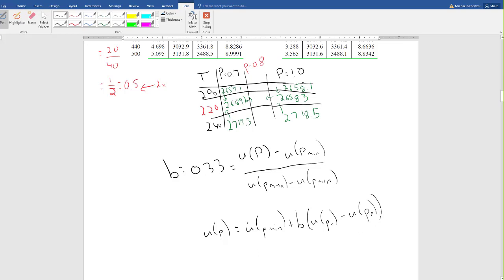But this one is going to be this value, even though it's the bigger value: 2689.2 plus 0.33 times, and this is now going to be a negative number, 2688.3 minus 2689.2.